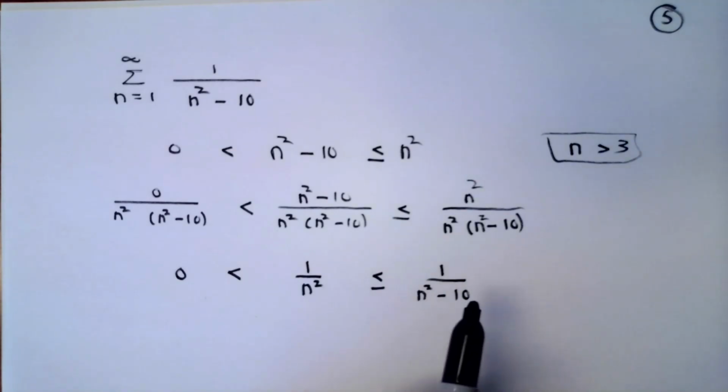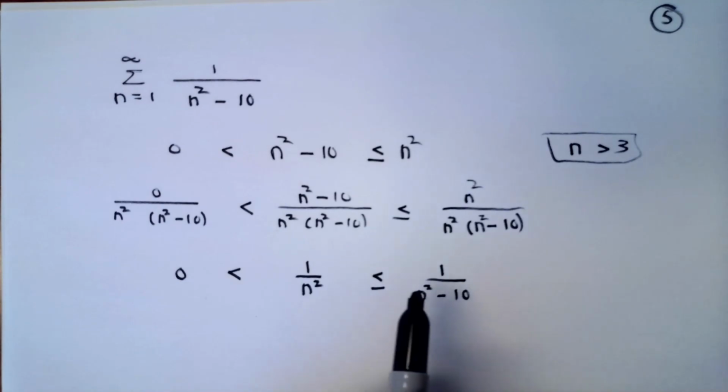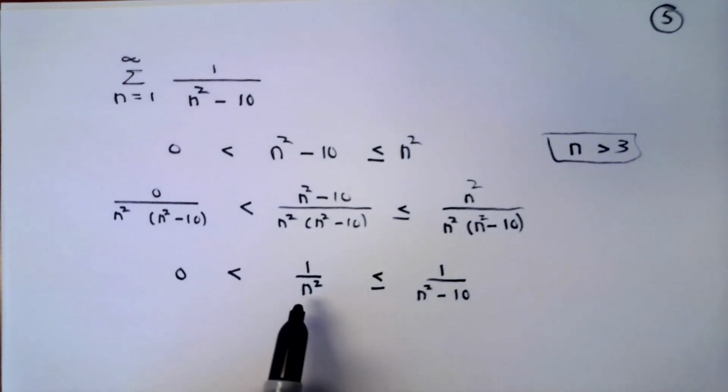I do not have a statement that says, if the sum of those things converge, then the sum of these things converge. If I did, I'd be in luck. The other half of the statement of the direct comparison test says, if the sum of these things diverge, then I can draw a conclusion.